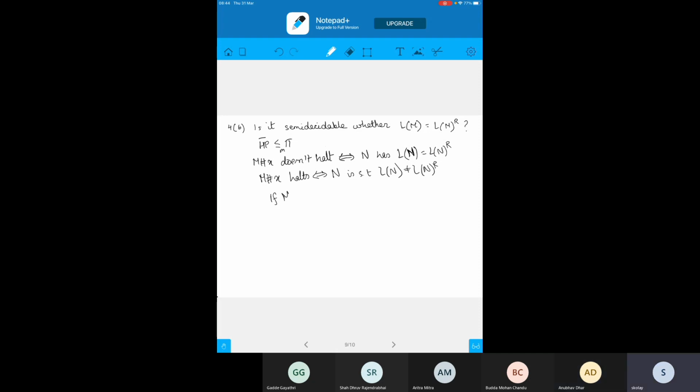So if M holds, then run the machine for A power n, B power n, C power n, accept and hold if it accepts.